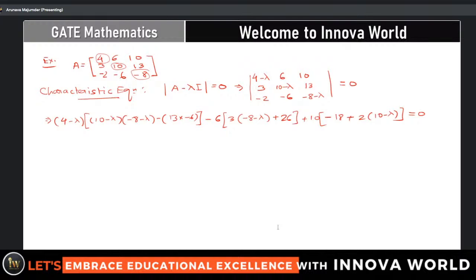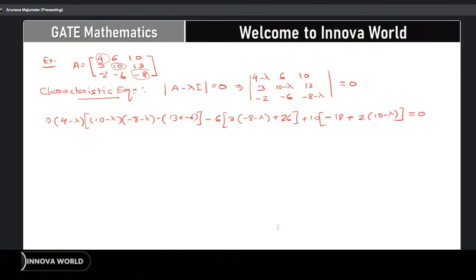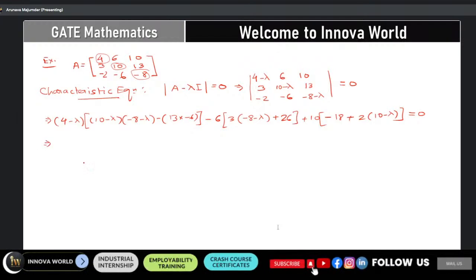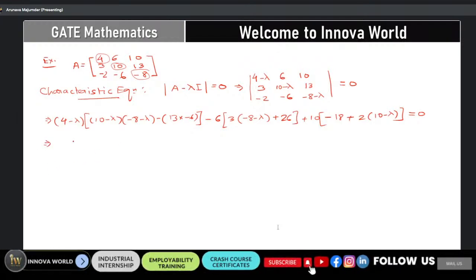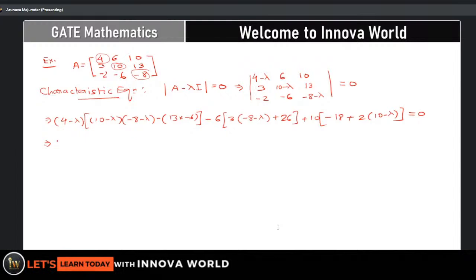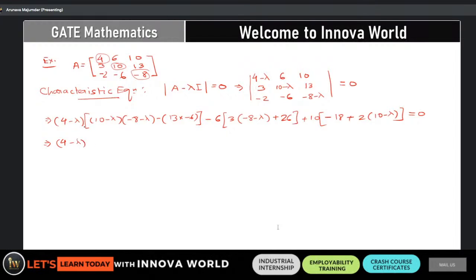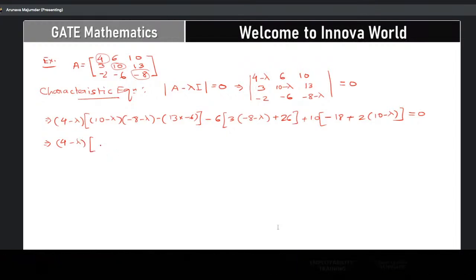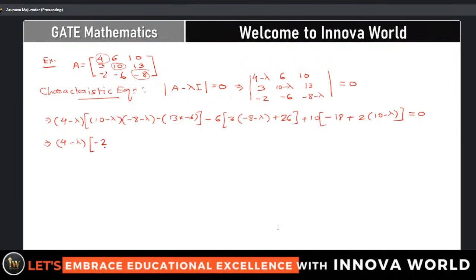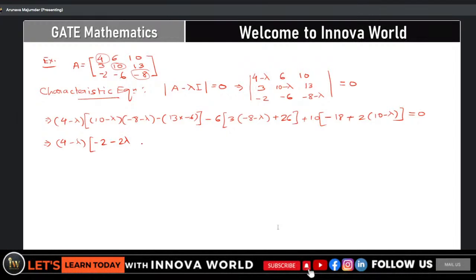Now we can use a factorization method to solve this one. Ultimately I'm directly writing the values. After simplification of this particular equation, we will have 4 minus lambda into minus 2 lambda plus lambda square.